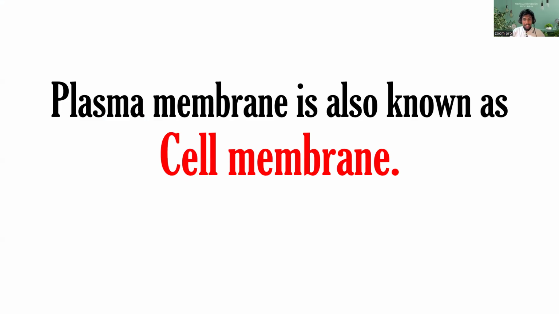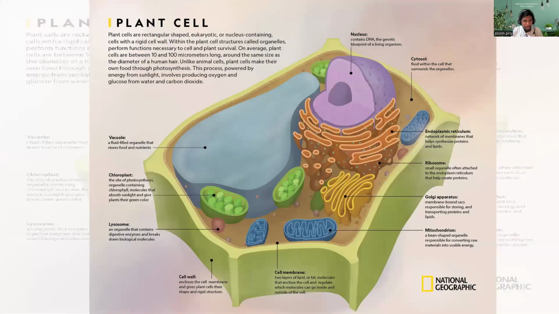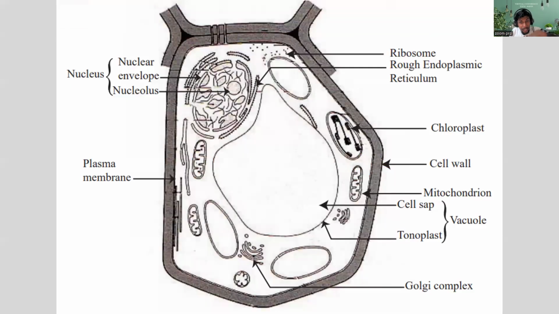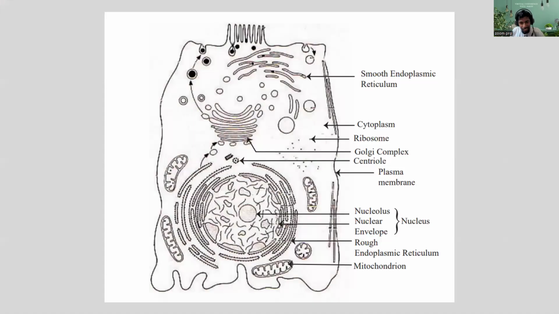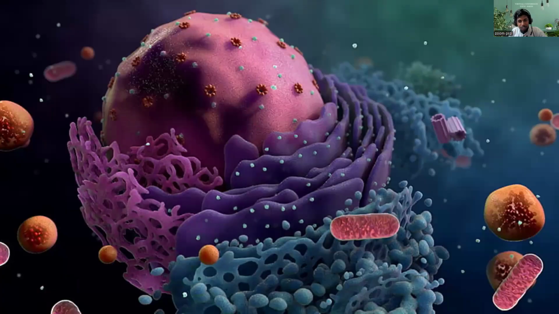Right? Okay. And the third one, cytoplasm. You know what cytoplasm is? Cytoplasm is a liquid present inside the cell, right? All the organelles are submerged in it, like in jelly, where all the fruits are submerged. Same like that, all the organelles are submerged inside the cytoplasm.